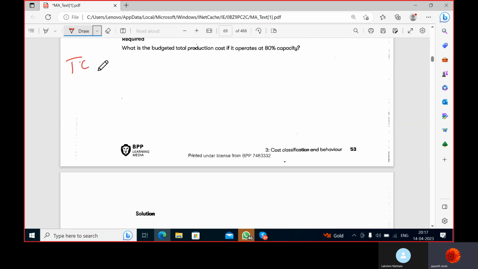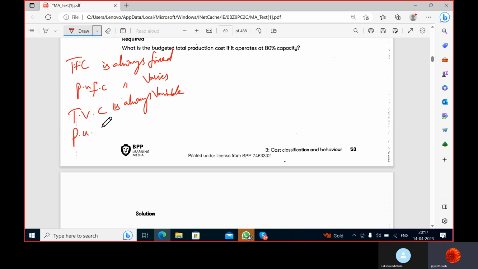See, total fixed cost is always fixed. Per unit fixed cost always varies. Total variable cost is always variable.